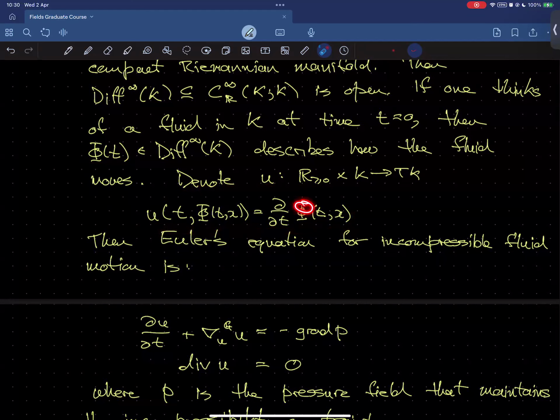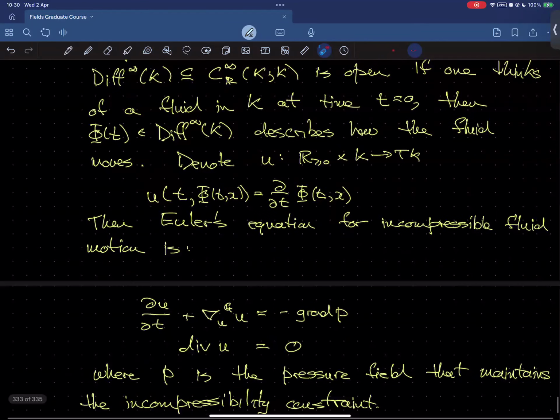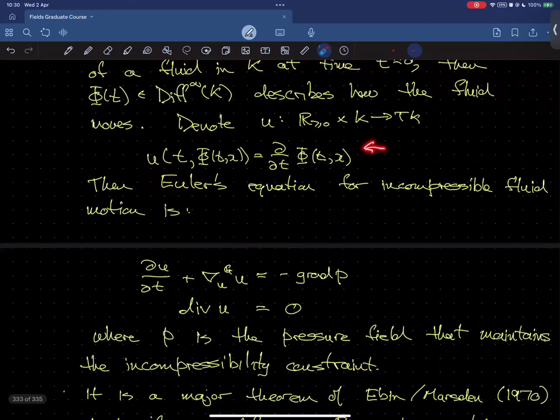So I have my diffeomorphism phi, and I describe a mapping U, which now takes values in the tangent bundle, and it's essentially the derivative of phi, but you have to keep track of where you're evaluating. So U is like the fluid velocity, in other words.